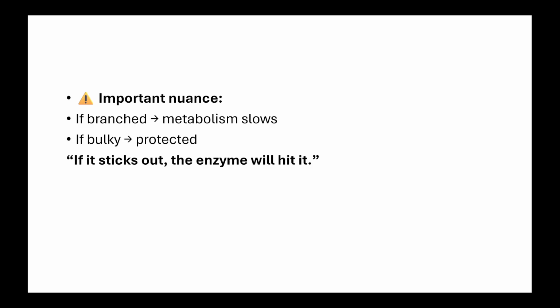Take note that if it is branched, metabolism slows. For example, CH2, CH2, CH3 is a single chain, so it is more resistant to our metabolism.